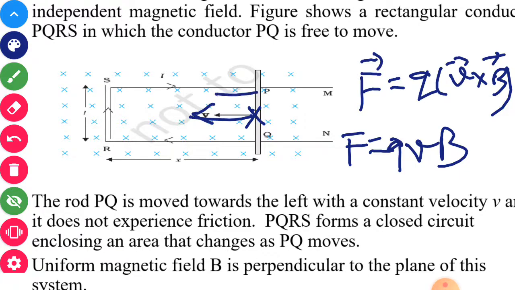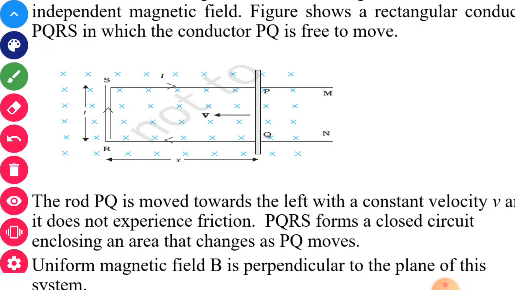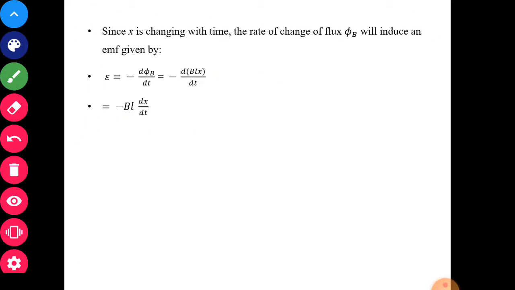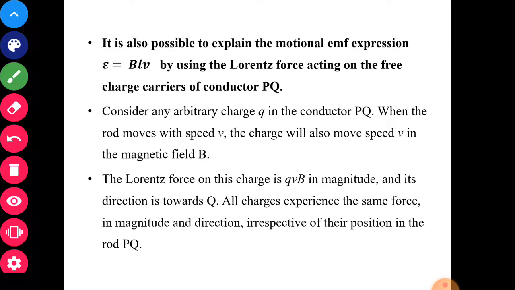So if this rod is moving in this direction, then the charge carriers inside this rod, say Q is the charge of those carriers, are also in motion, and because of this force these charges come into motion, and that force is QVB.